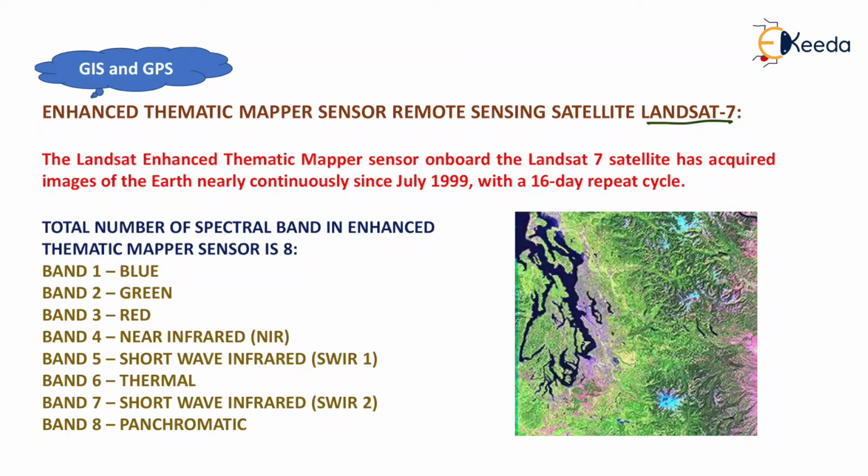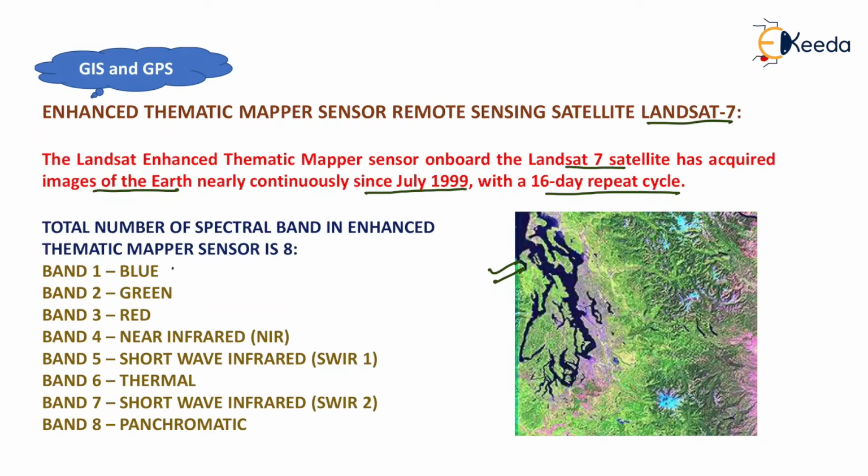Now, this sensor on board the Landsat 7 satellite has acquired images of the earth, which is shown like this, continuously since July 1999 with a 16-day repeat cycle till now, and it has generally 8 spectral bands.